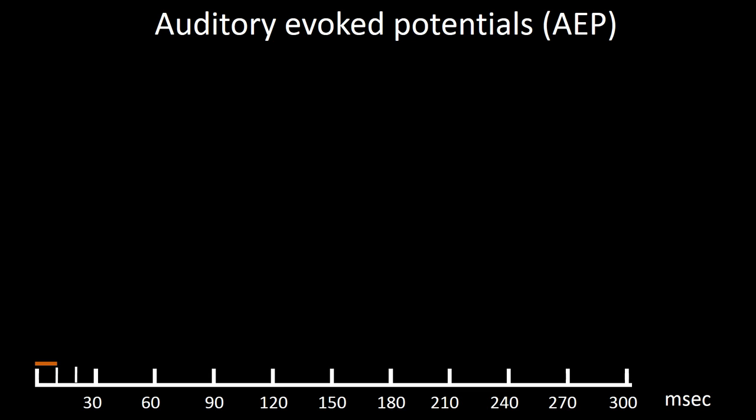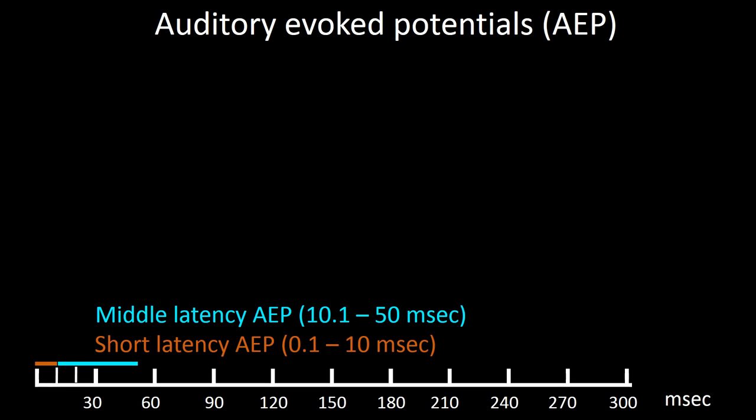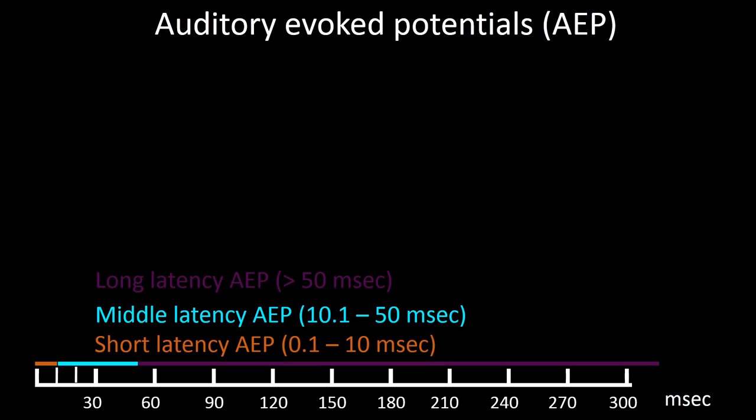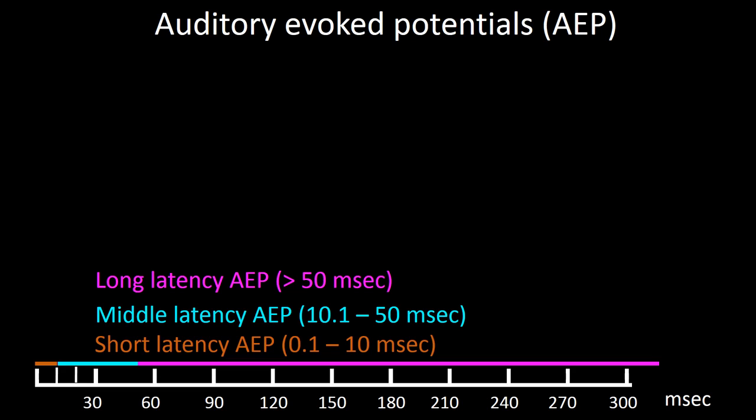So we talk about short latency auditory evoked responses when they occur between 0.1 and 10 milliseconds. We talk about middle latency auditory evoked responses when they occur between 10.1 and 50 milliseconds. And we talk about long latency auditory evoked potentials when they occur after 50 milliseconds.